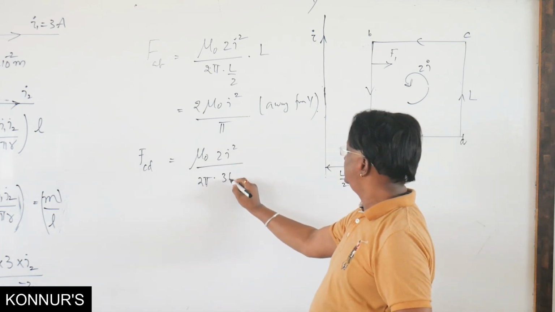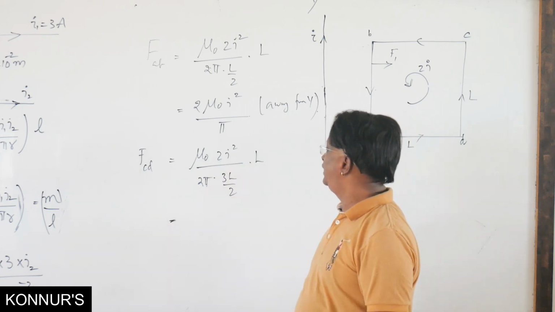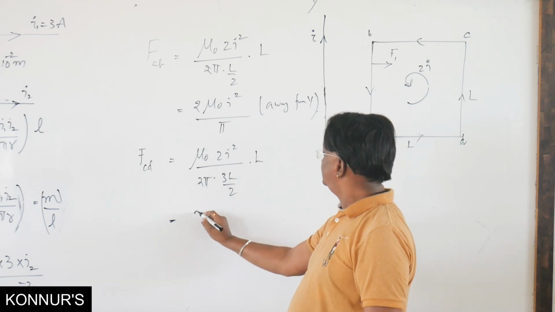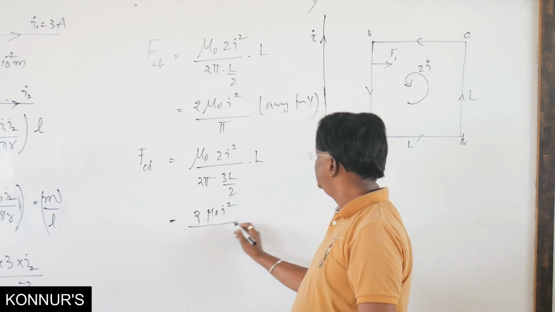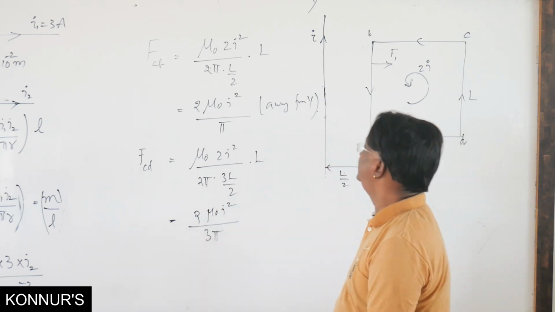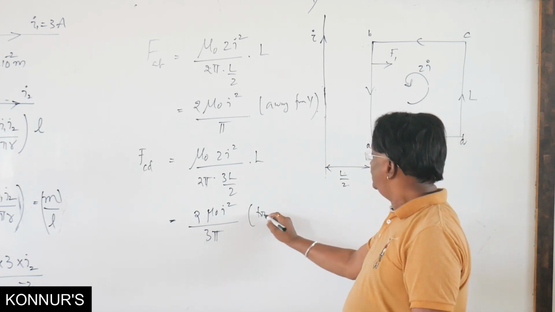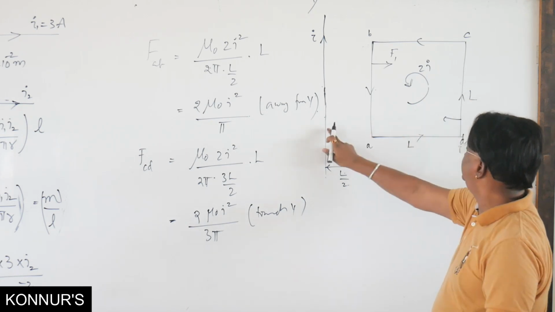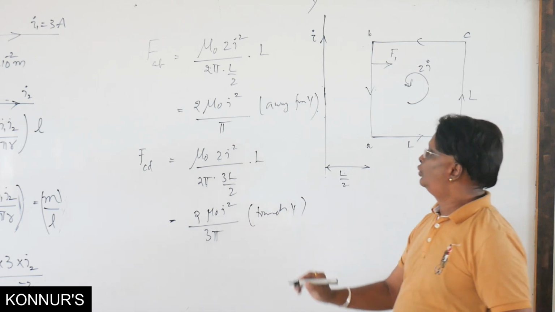Therefore it is 3L by 2 times L. So again, 2 gets cancelled. So this is 2 mu naught I squared by 3 pi. And this is towards Y. Why? Because these two are parallel currents, attraction will give you towards Y.